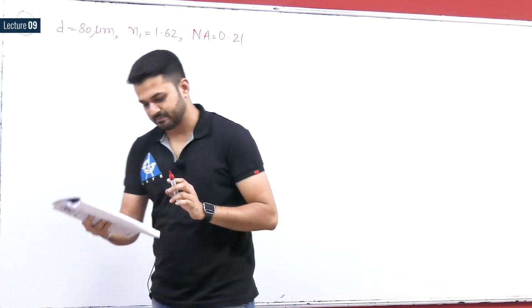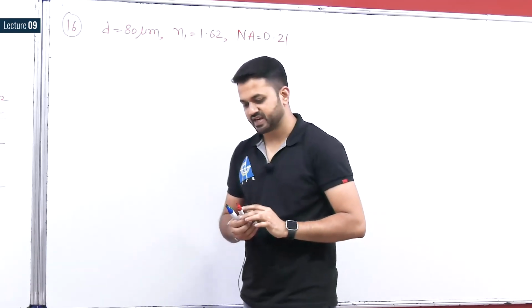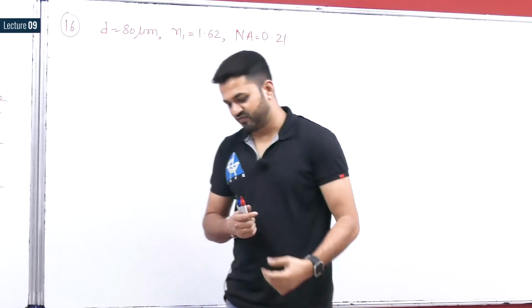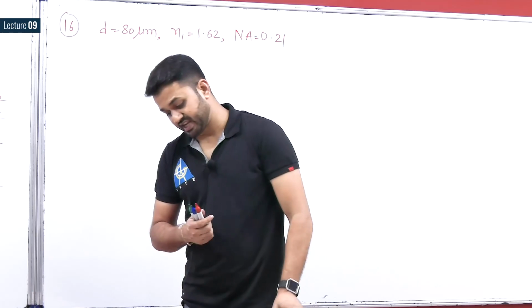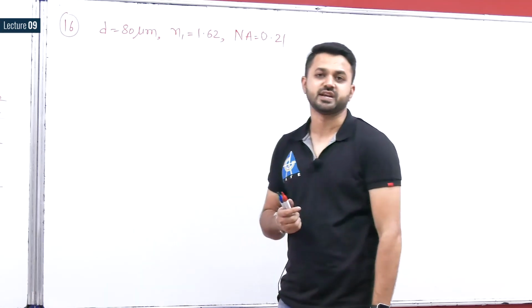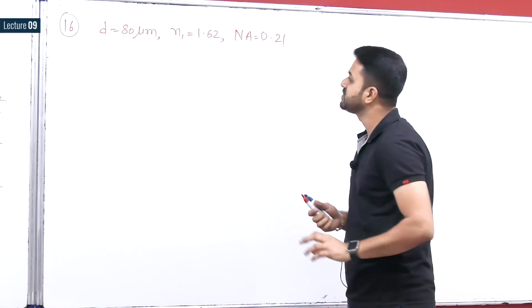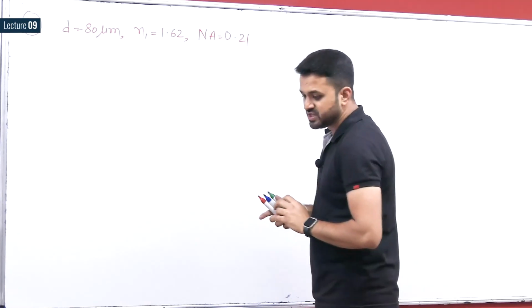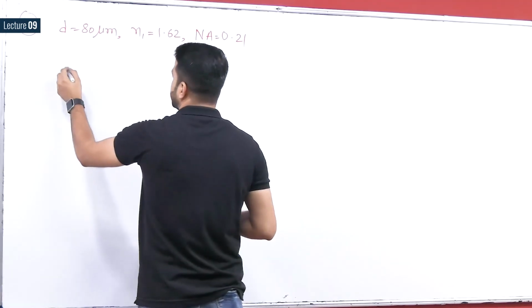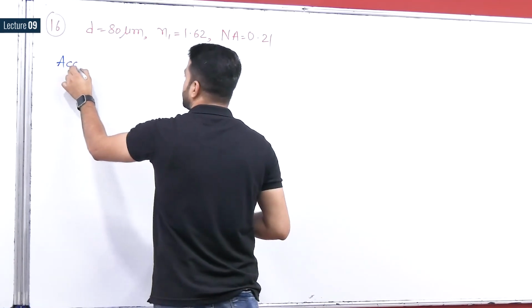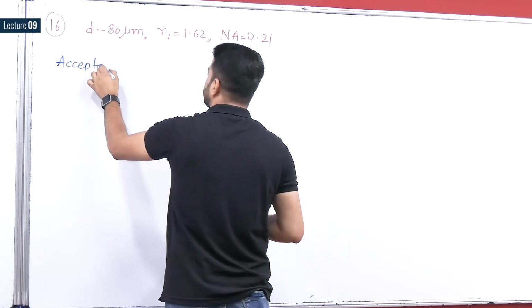So what is the acceptance angle, the cladding refractive index and the number of modes the fiber can propagate if the wavelength is 0.8 micrometer? So there are three questions associated with this data. First question, question number 16, is very simple, the acceptance angle.